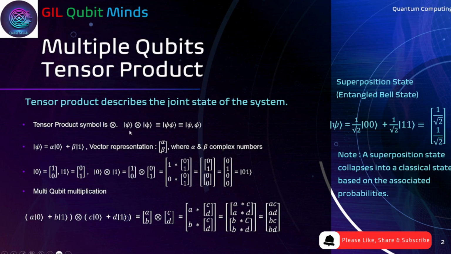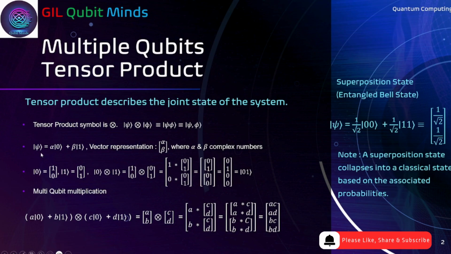If we want to multiply xi and phi, we use this tensor product symbol, or we can use this kind of notation, xi comma phi, and phi comma xi is also fine. This is how we can write a tensor product of multiple qubits.